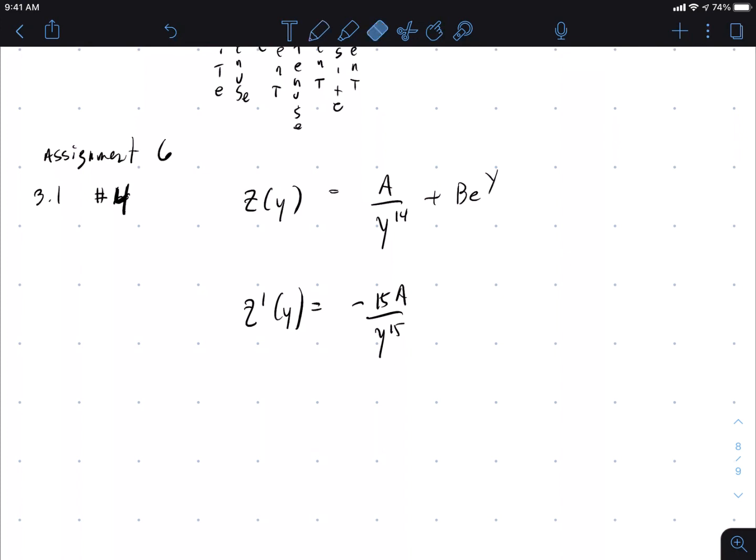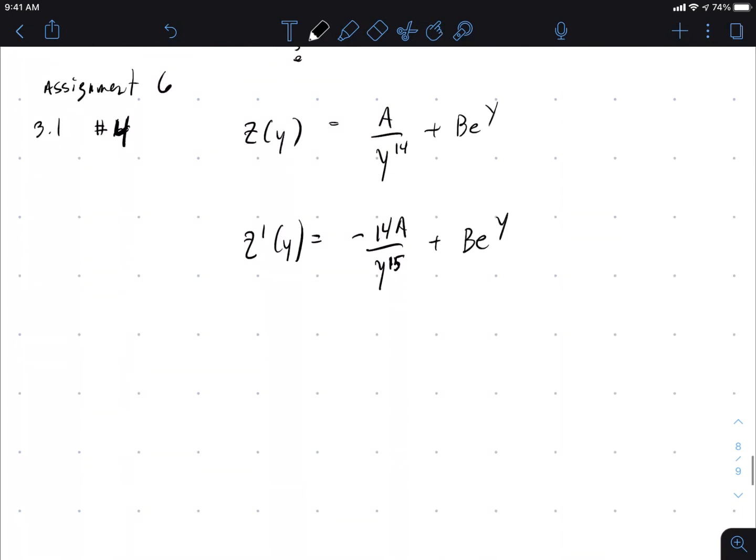Not negative 15, 14. Okay? Plus b e to the y. That probably didn't help you at all, huh? I just did it in my head, sorry.